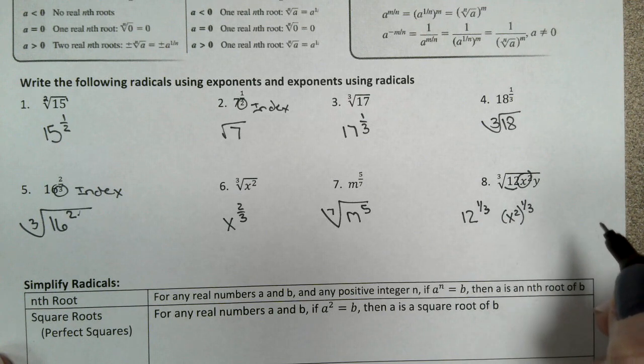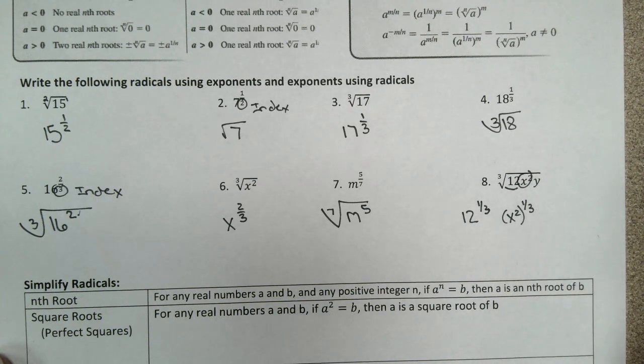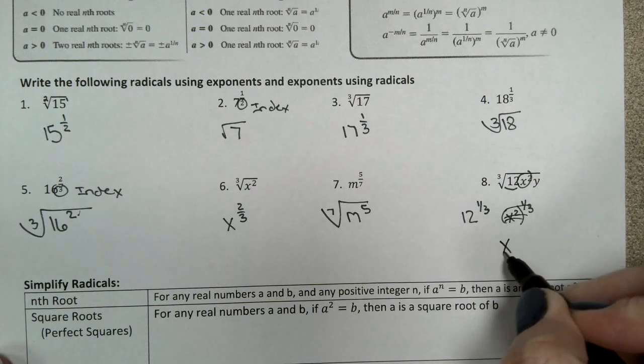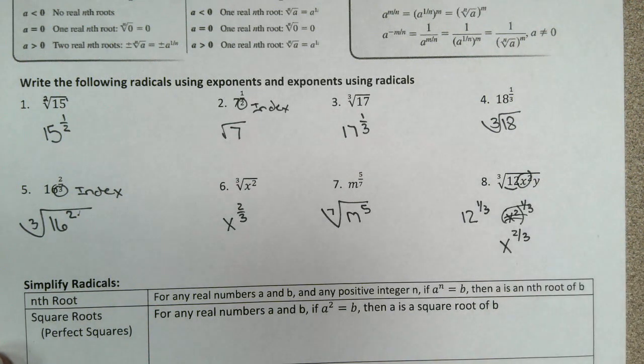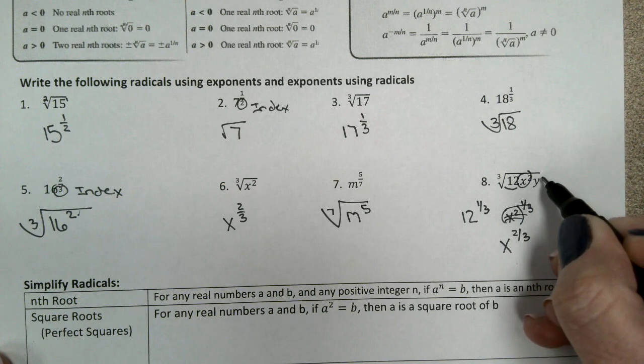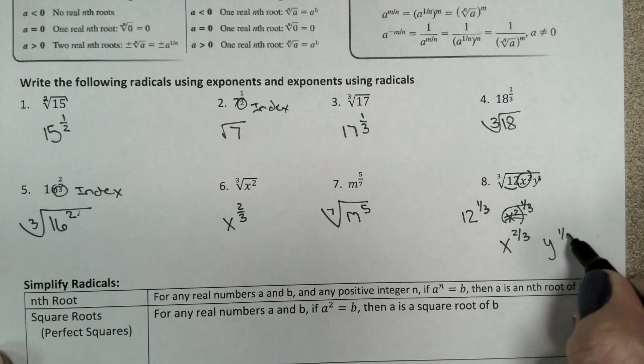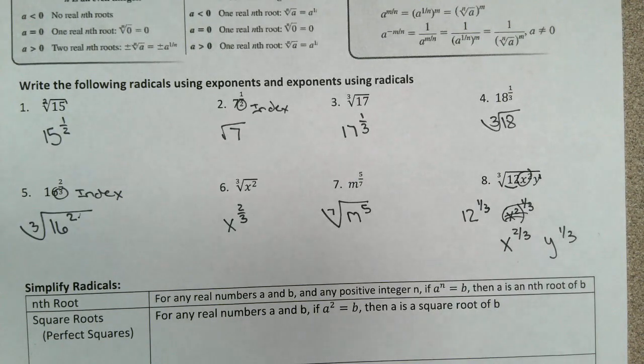Okay, so let's clean that up. That is x to the 2/3 power. Y has an implied 1 on it, and that is y to the 1/3 power.